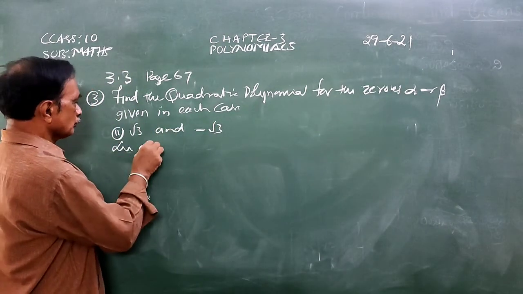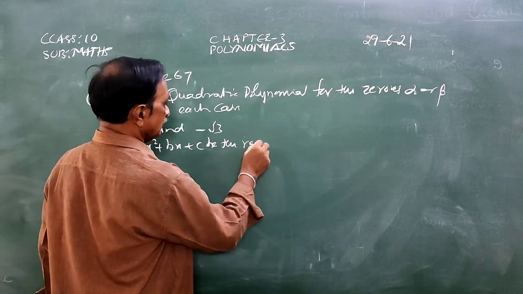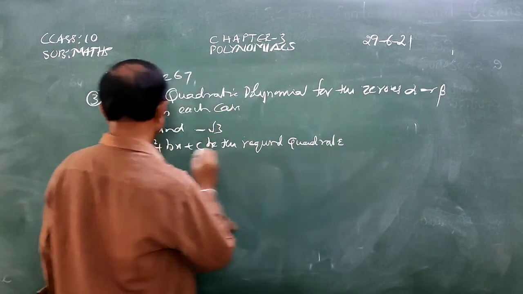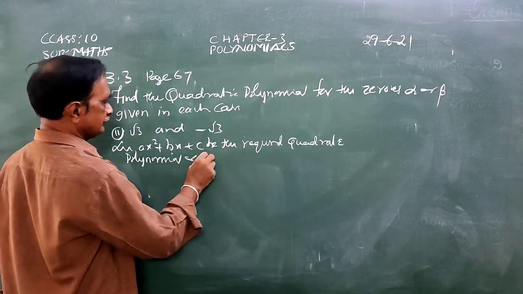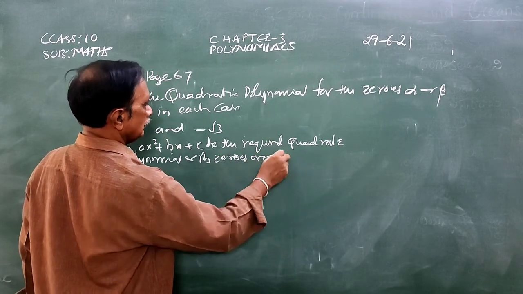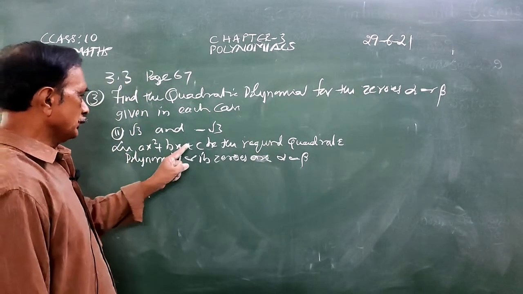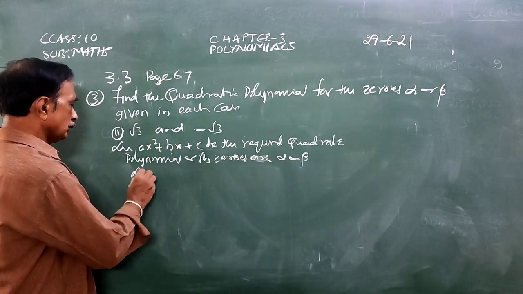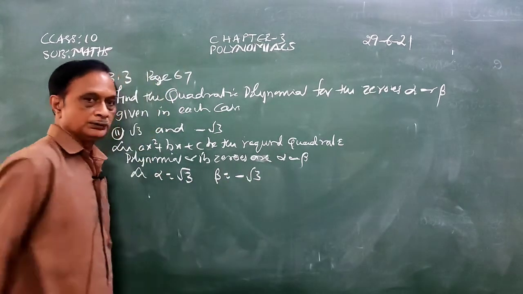Let ax square plus bx plus c be the required quadratic polynomial and its zeros be alpha and beta. Let alpha equal to root 3, beta equal to minus root 3.